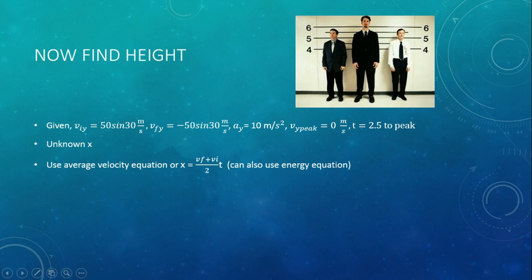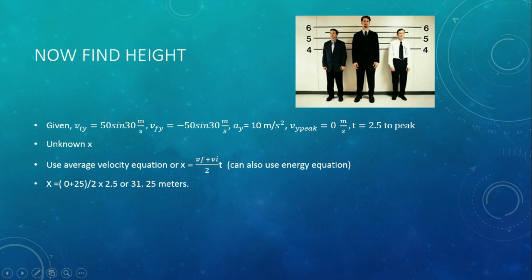So we could have solved for the height first, but let's use the time. Final velocity is the peak, because the peak is what we're trying to get to. We're calling that the final. Initial velocity is 50 sine of 30, which comes out to be 25. We divide by 2 to take the average, and multiply by the time. So 2.5 is the time to get to the top.